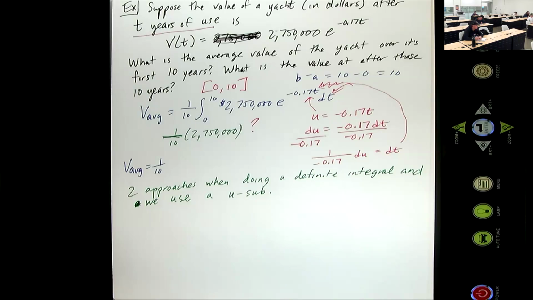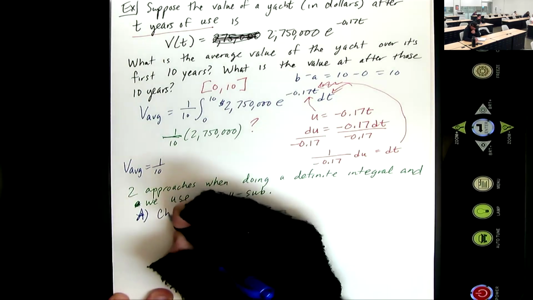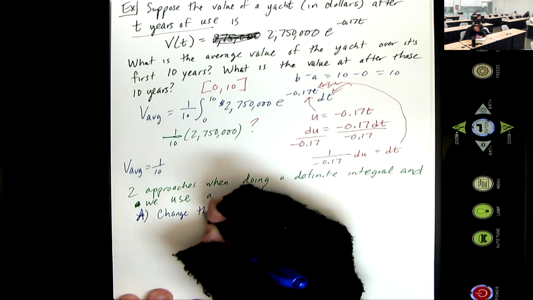I'm okay with either, but you've gotta be very clear which way you're doing it, and I'll show you how to be clear. Option A: change the limits of integration also.